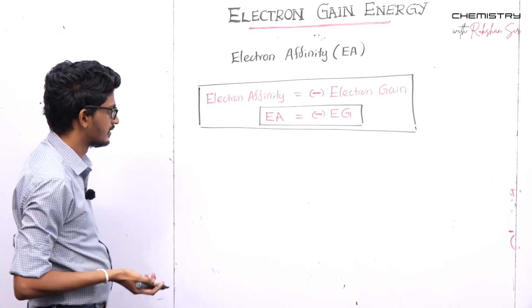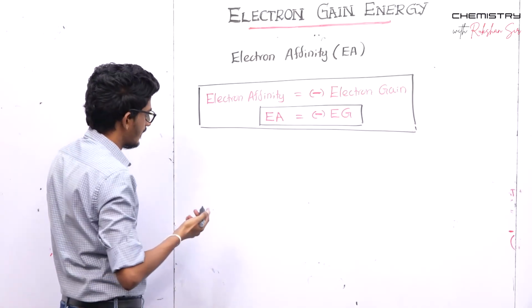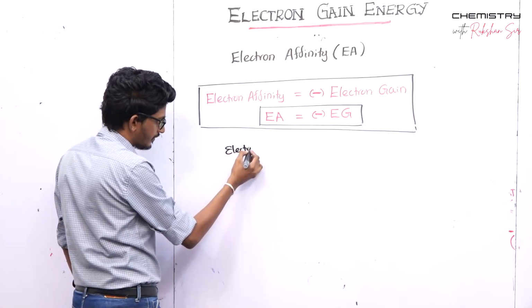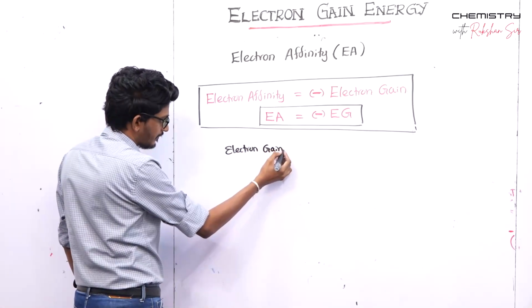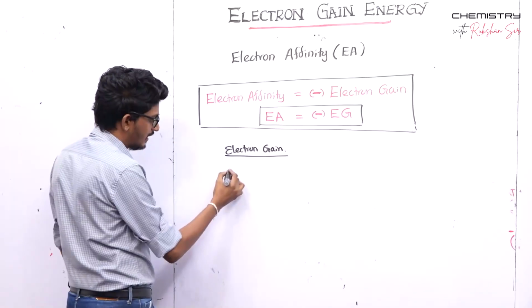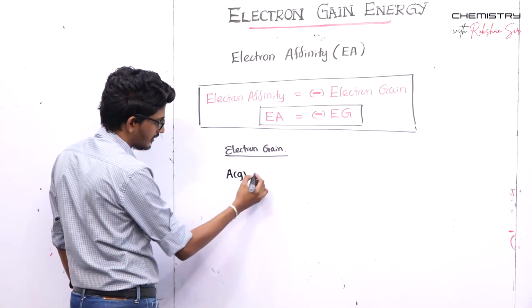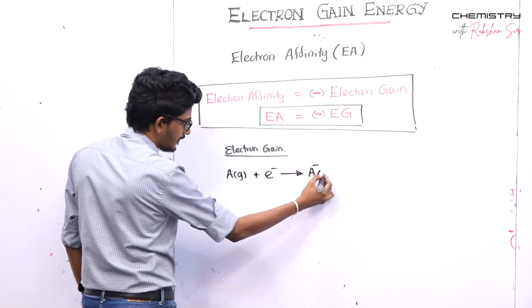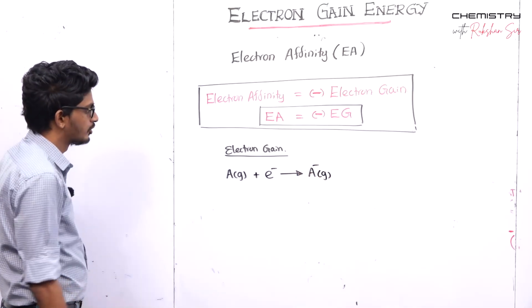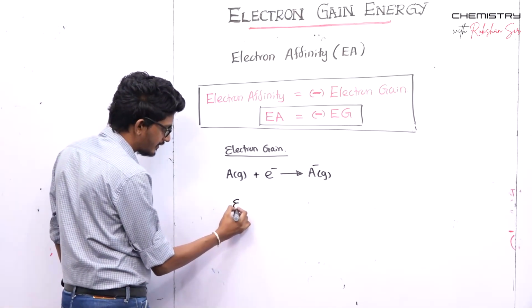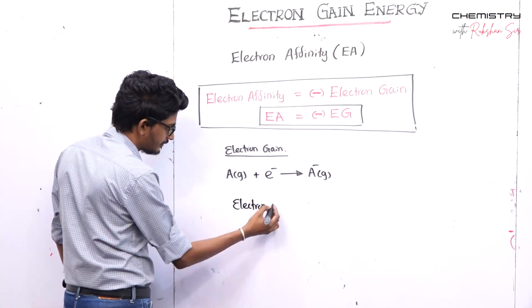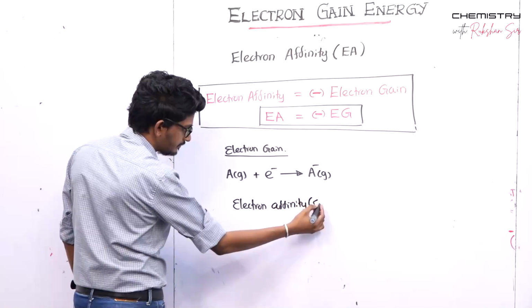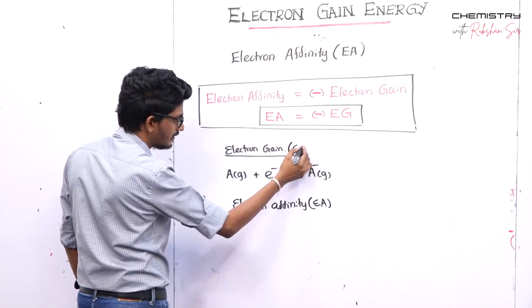The idea is this. The electron gain equation is written like this. The first electron gain is written like this. If you're supposed to write the electron affinity, the EA is the negative of EG.